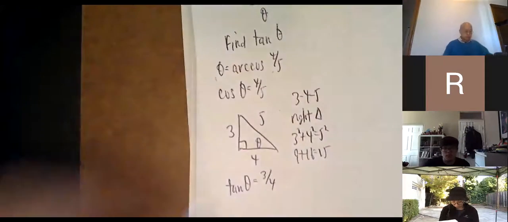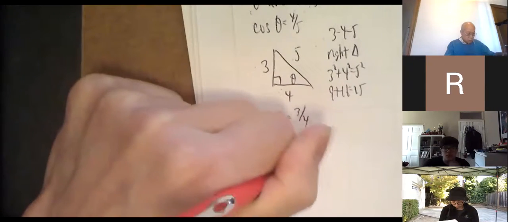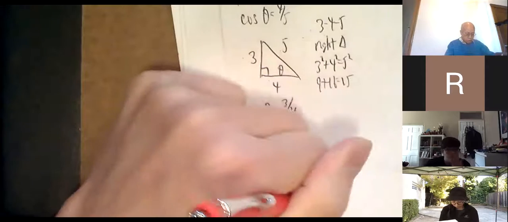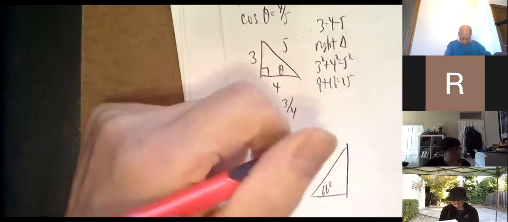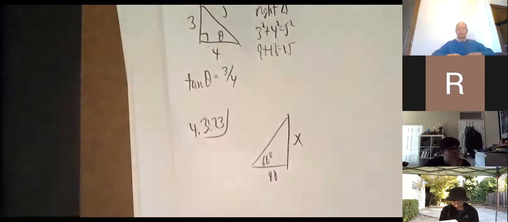Okay, so let me just draw the essence of that. 60 degrees, 40. Find the height of the cliff. So that's x. Get my calculator ready, and make sure I am in degree mode.